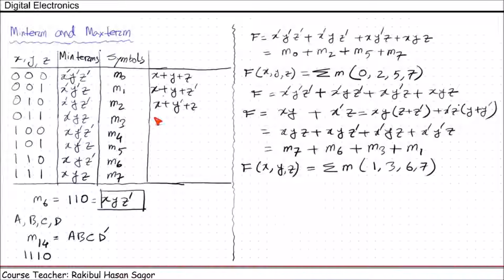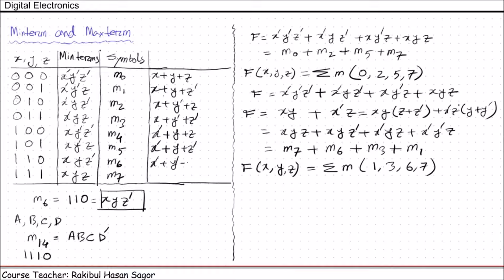So here, x plus y prime plus z prime, x prime plus y plus z, x prime plus y plus z prime, x prime plus y prime plus z, x prime plus y prime plus z prime. So these are the Maxterm representation for 3 variables.